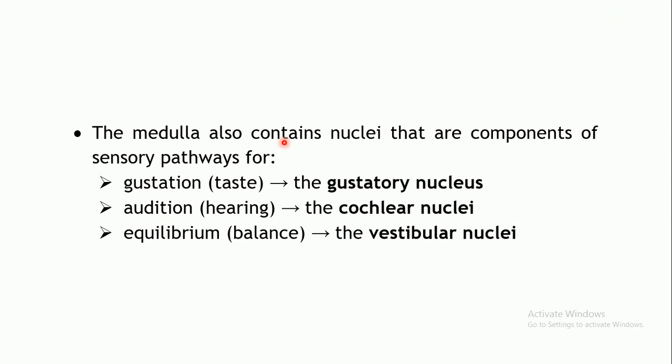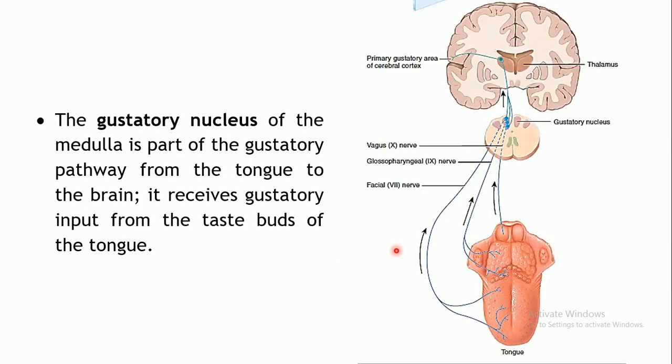Apart from this, the medulla also contains the nuclei which are components of the sensory pathways for gustation, that is the sense of taste. The gustatory nucleus is present. For audition or hearing, the cochlear nuclei are present, and for equilibrium, that is balance, the vestibular nuclei are also present.